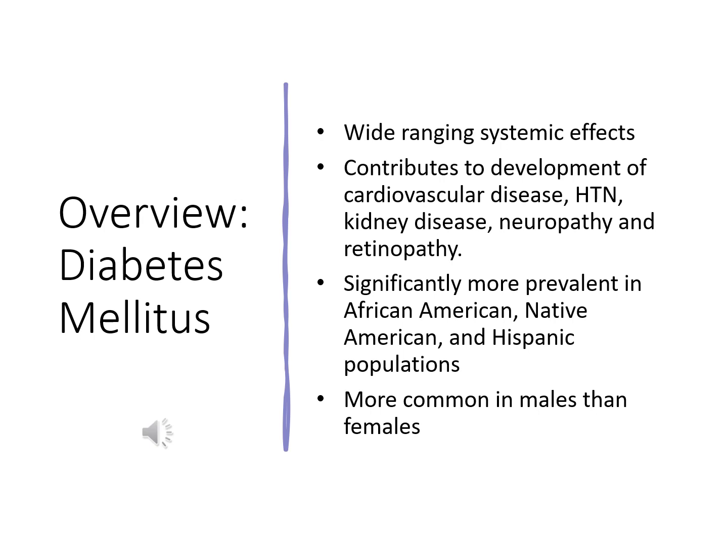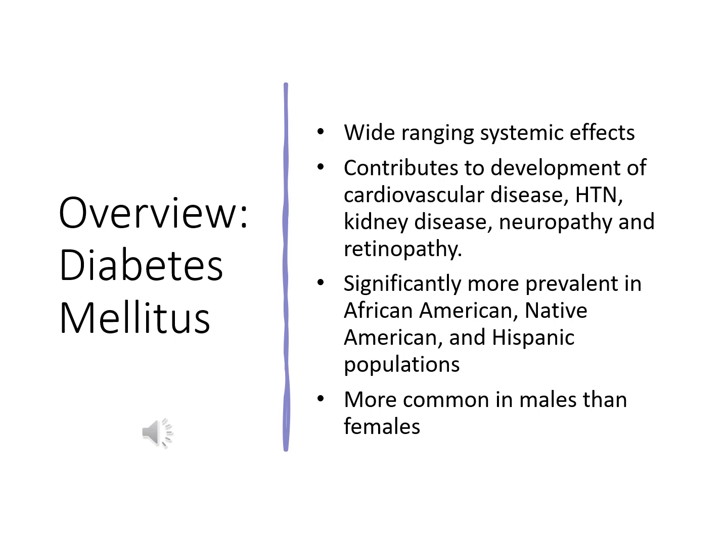Overall, we need to understand that the damage that is occurring, even if they don't realize it's occurring, is very serious. We have wide-ranging systemic effects. It damages our vessels, contributes to the development of cardiovascular disease, hypertension, kidney disease, neuropathy, and retinopathy.